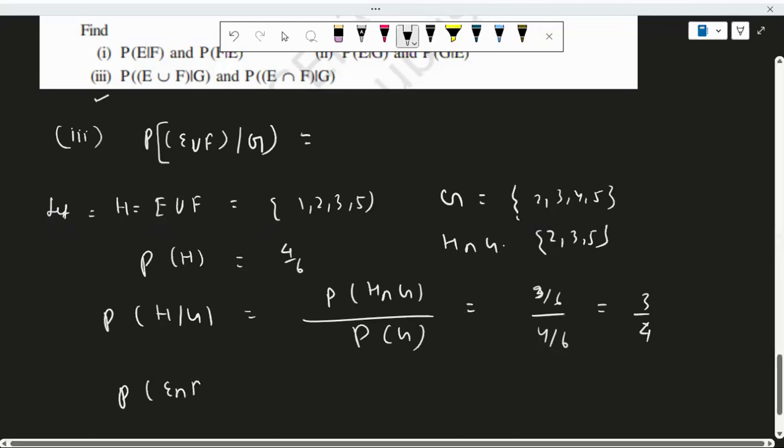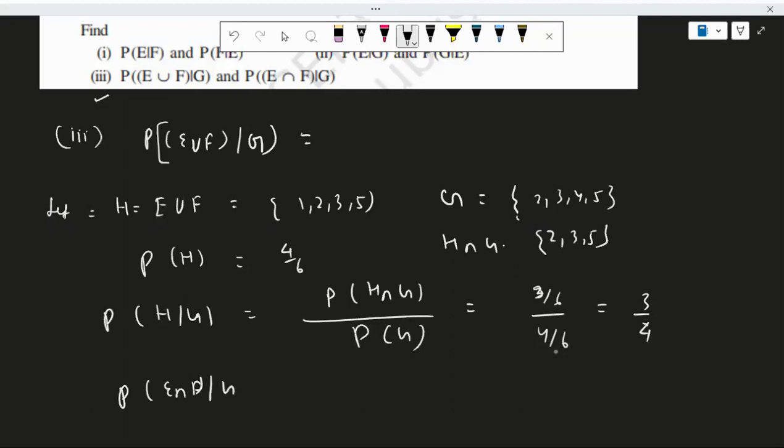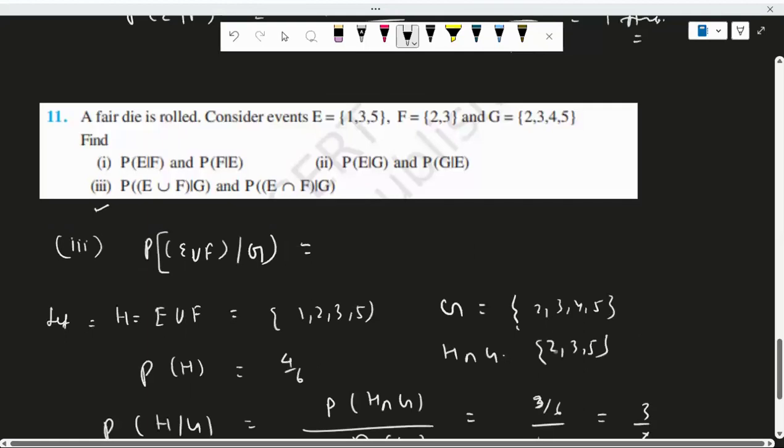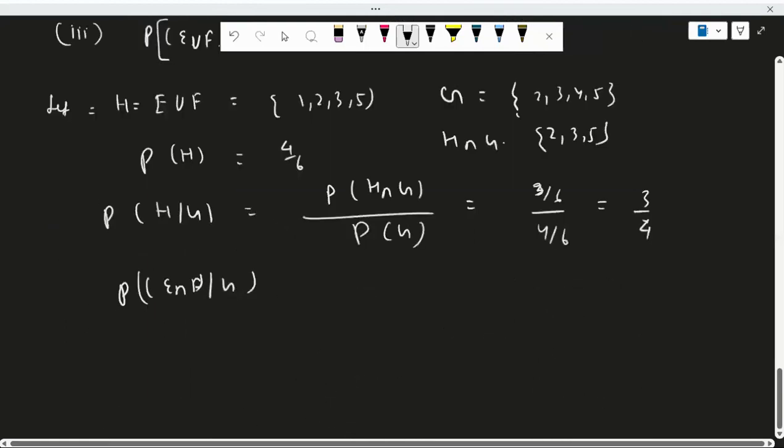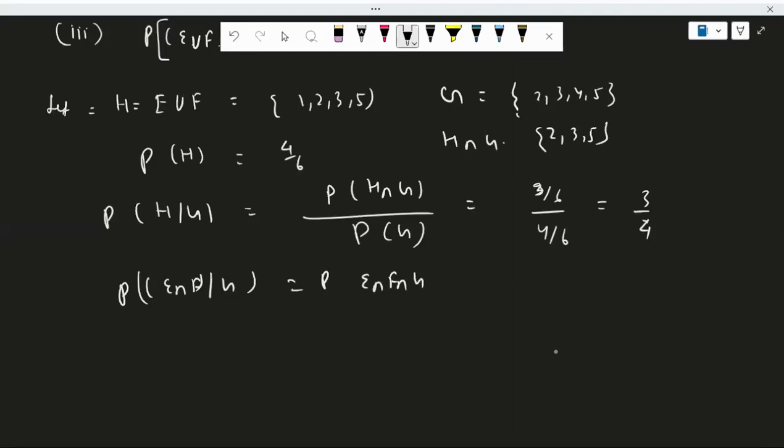And in another case, we have P(E intersection F | G). So first you need to find P(E intersection F intersection G) over P(G).